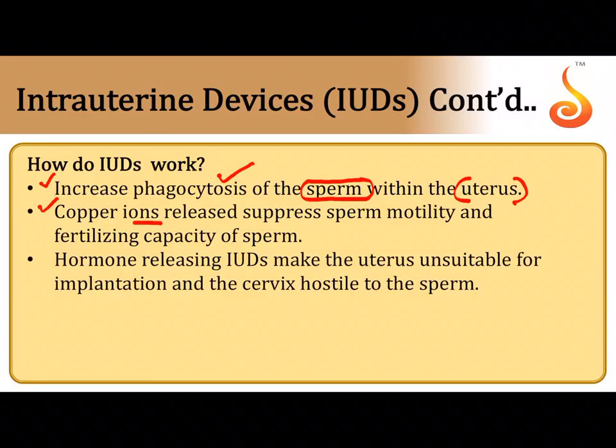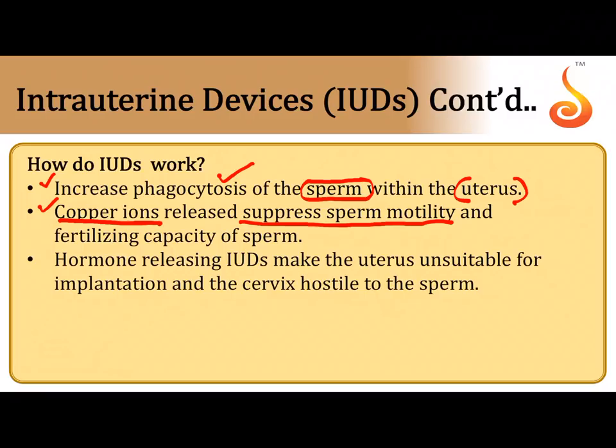Then the copper releasing IUDs. Now we saw that they mostly have a copper wire wound around them, and the copper wire releases copper ions. What does the copper ion do? The copper ion is somewhat toxic to the sperm because it suppresses the sperm motility. The sperm become slow.